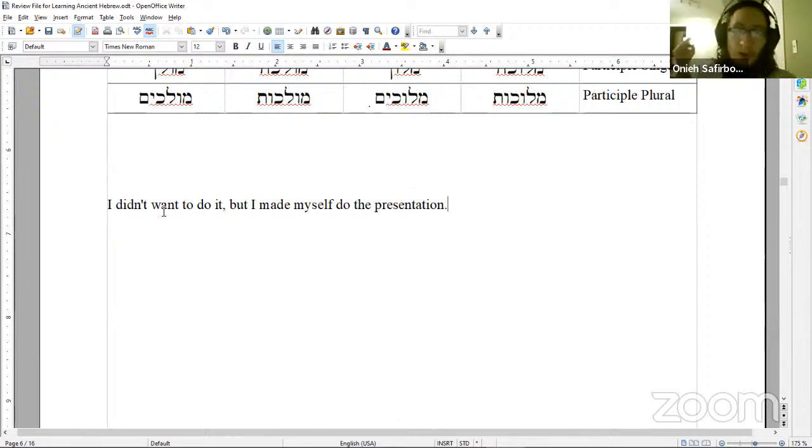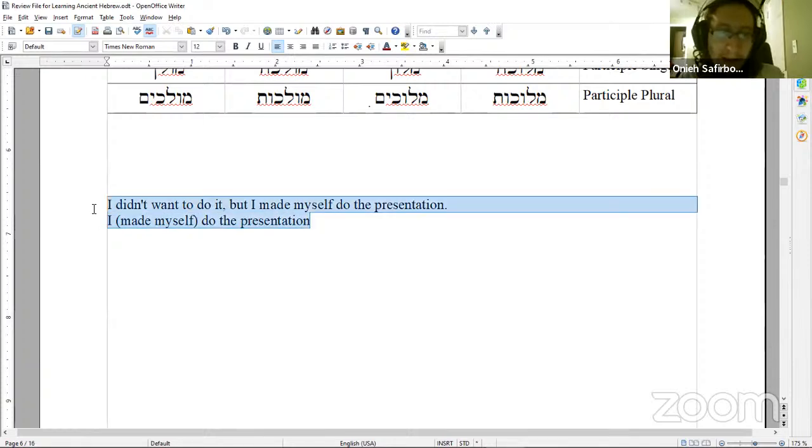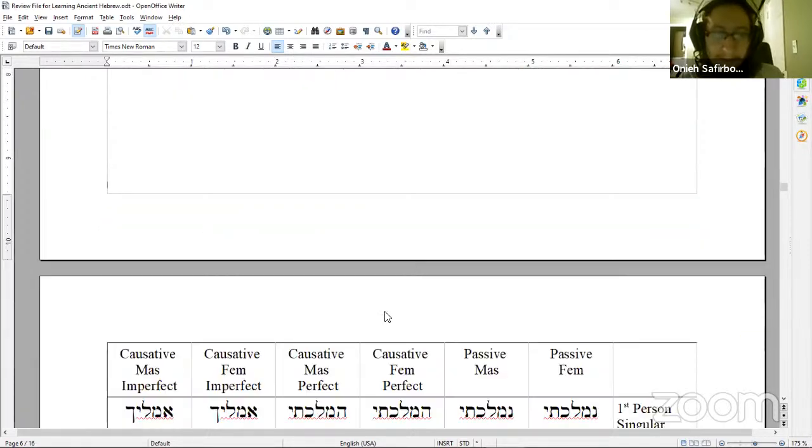Okay, so that's a reflexive verb form. The verb is I did the presentation, but instead it's a reflexive. So I made myself do. So made myself is the reflexive part, and do is the verb. So it's basically how reflexive verbs work.